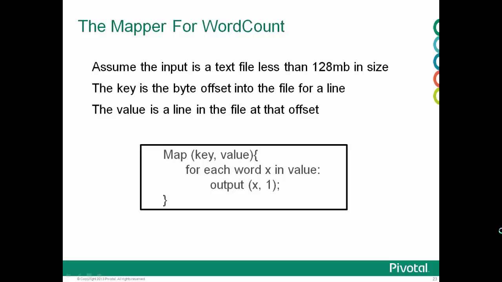So read in a key value pair. Notice we basically eliminate the key. We don't use it. We replace it in the output statement. We read the first record, eliminate the key, loop through each word in the value, and output each word and the number 1 as the key value pair emitted by the mapper.